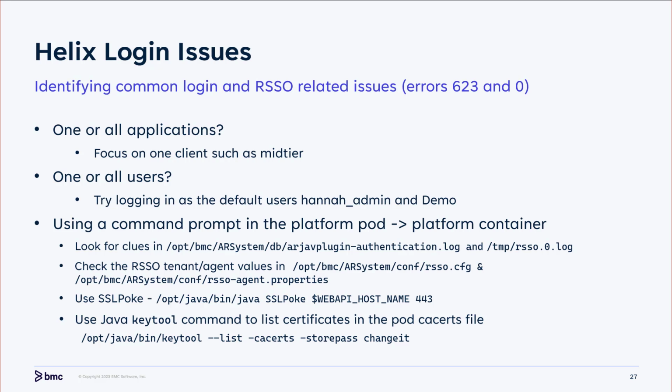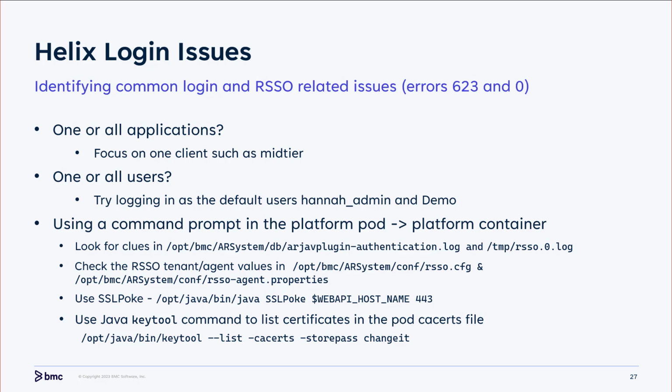You can use a command prompt in the platform pod. It's a very handy place to go and look for these types of issues, because the RSSO plugin that runs in there has to use the certificates to be able to work. So that's a good place to diagnose and troubleshoot certificate issues. Have a look in the Java plugin log for the authentication plugin.